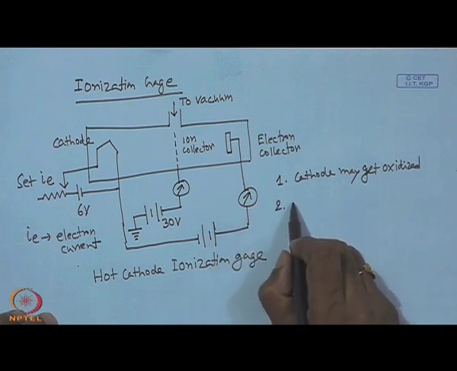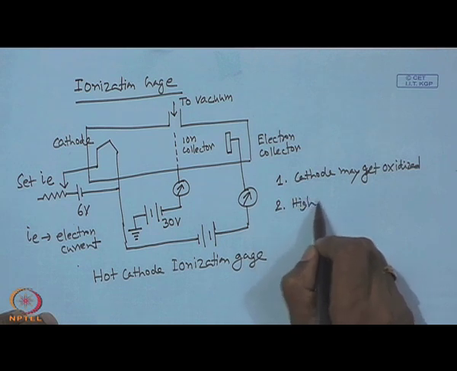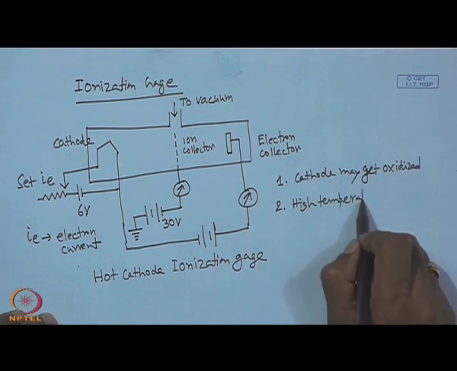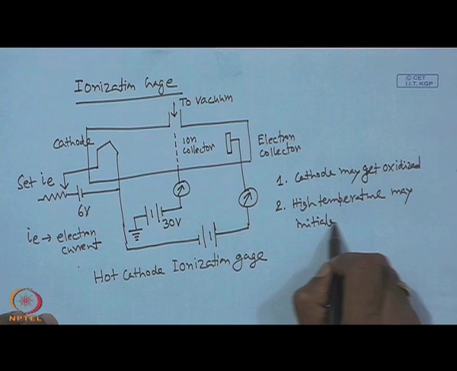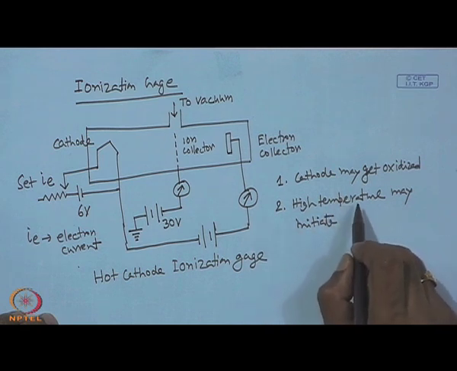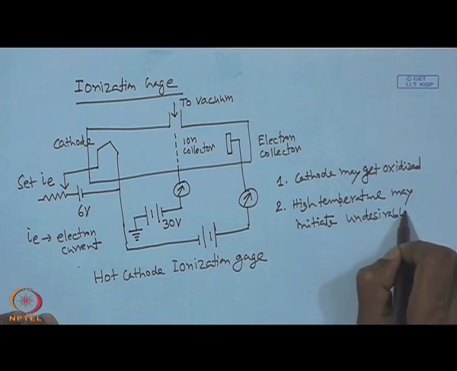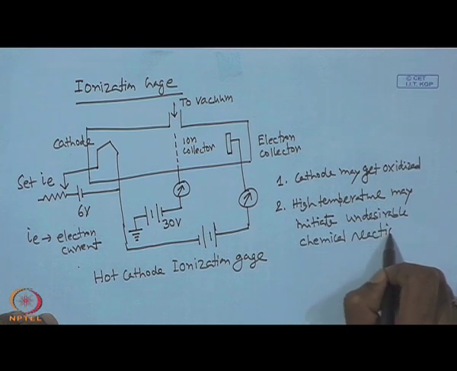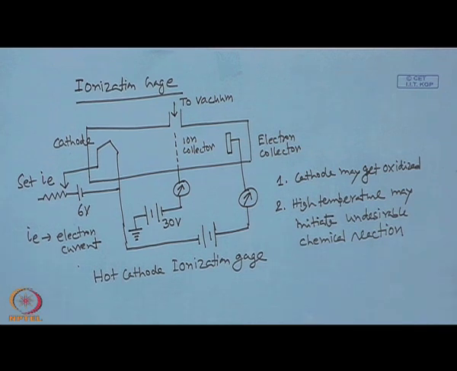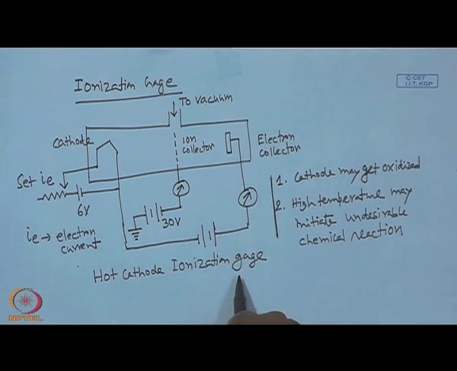Number 2, high temperature may initiate undesirable chemical reaction. So, to avoid these problems, a cold cathode ionization gauge has been proposed.